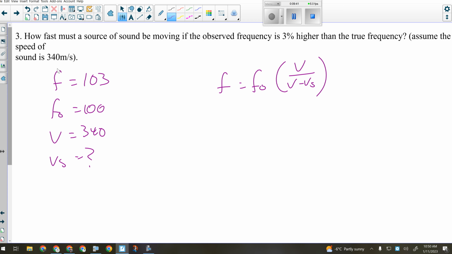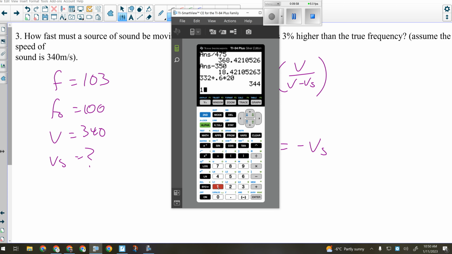Then I would simply manipulate for Vs, so FOV over F minus V is going to equal negative Vs. When I plug in my numbers, I'll have 100 times 340 divided by 103 minus 340. So it's got to be moving at 9.9 meters per second.